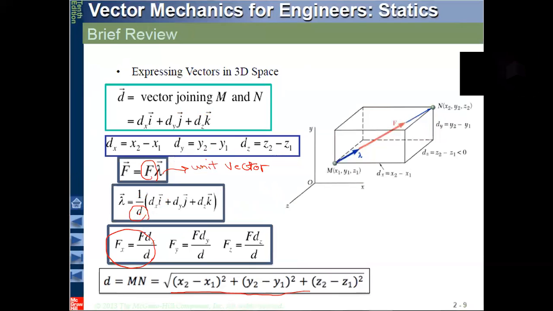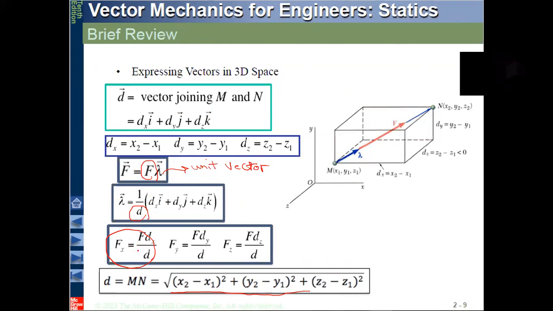So you have to divide it by d, which is the length of the vector joining M and N. So d can be derived by the Pythagorean rule, which is the square root of (x2 minus x1) squared plus (y2 minus y1) squared and (z2 minus z1) squared.